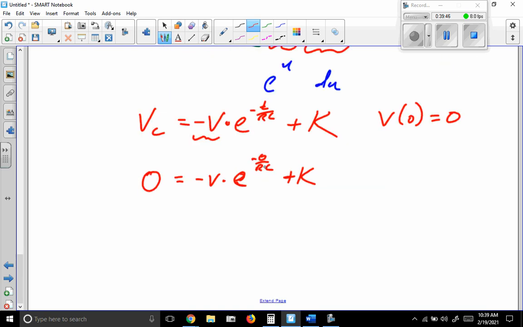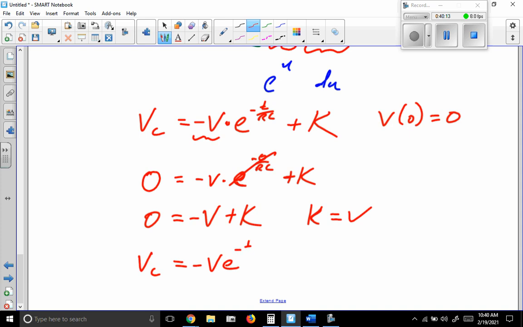So e to the 0, e to the 0 power is 1. So we get negative V plus K, which if we solve for K, means K equals V. So the voltage on the capacitor is minus V e to the negative t over RC plus V.